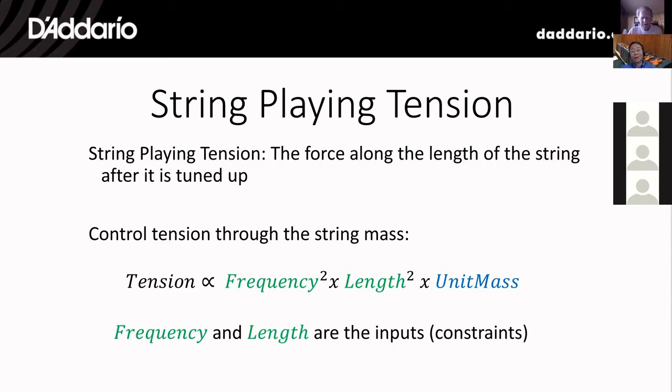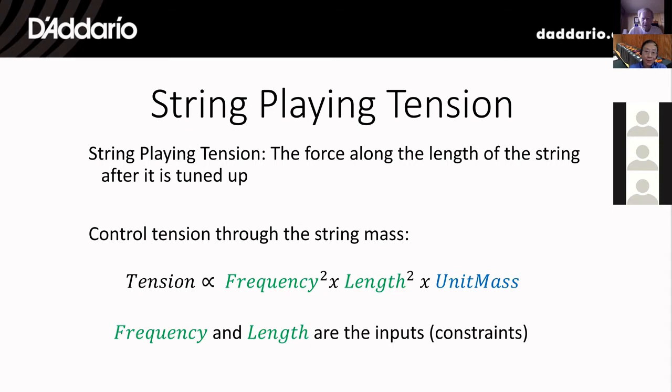Now, the frequency and the length, in this case, are the inputs or the constraints to the system because they're defined by the instrument. So we control tension directly through the unit mass. If you want a higher tension string, you put more mass on the string: thicker windings, more windings, or a higher density material.